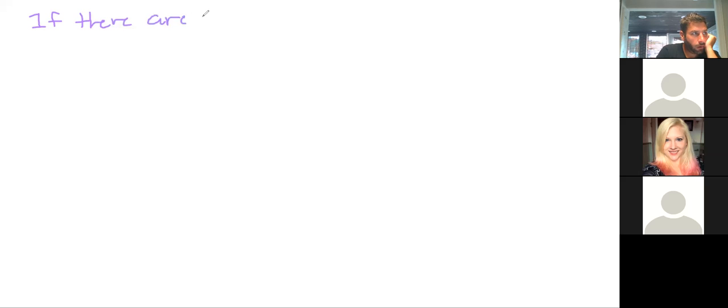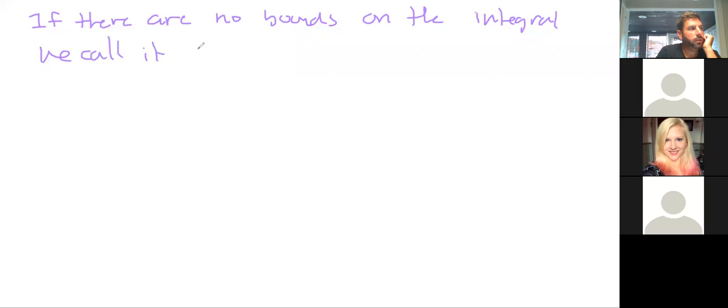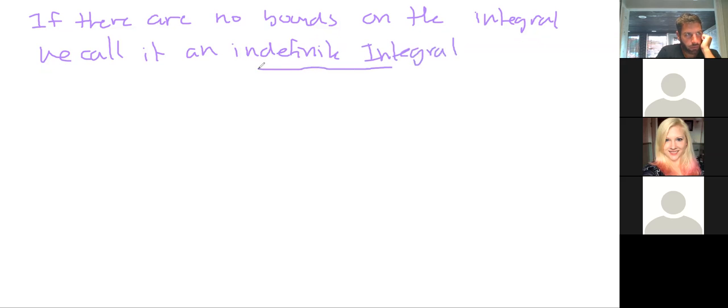If there are no bounds on the integral, we call it an indefinite integral. So what you might then say is, well, are indefinite integrals the same thing as antiderivatives? And they're sort of synonymous, but there's a slight technicality, but we won't let it.